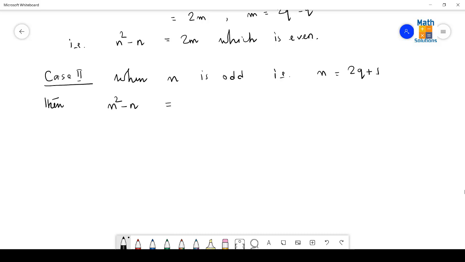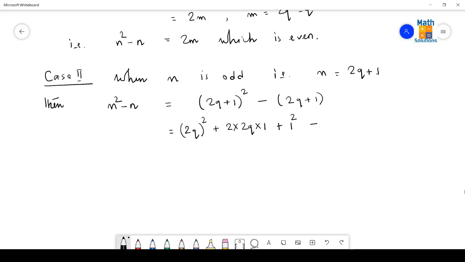In the respective places of n, I am going to put the value 2q plus 1. For the first place, it is getting squared, followed by this minus sign. Again, in place of n, I am going to put 2q plus 1. The first quantity will follow the a plus b whole square formula, and I get 2q whole square plus 2 into 2q into 1, that is twice ab, plus b square, which is 1 square.